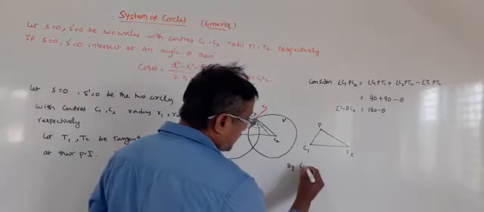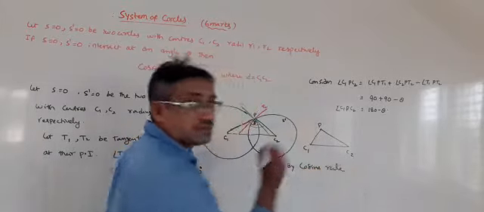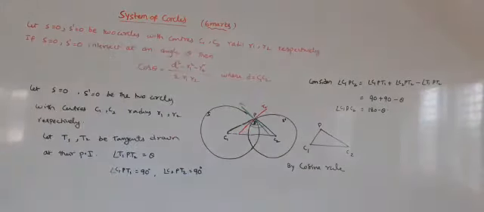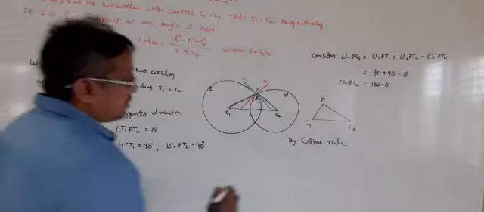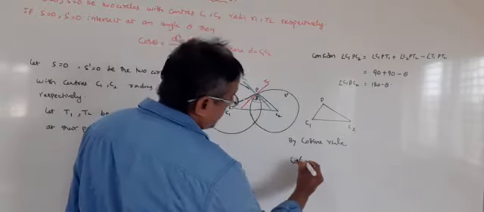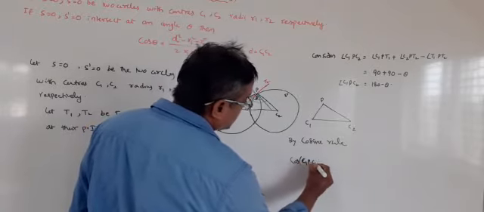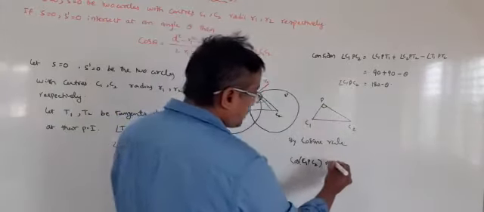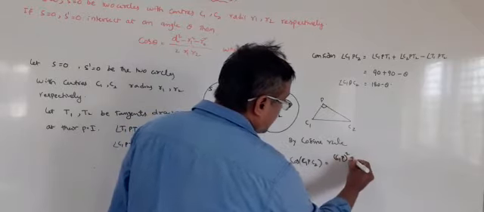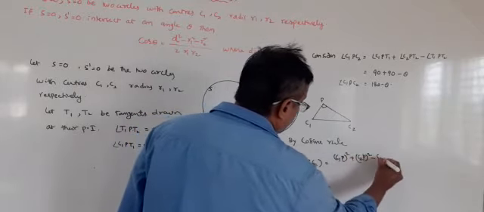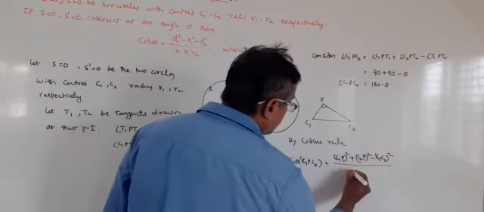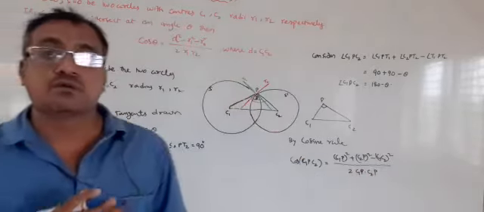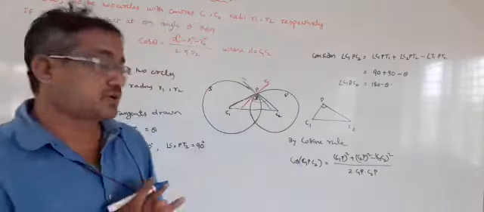So by cosine rule, cos angle C1PC2 = (C1P² + C2P² - C1C2²) / (2 C1P · C2P). You have (b² + c² - a²) / 2bc.